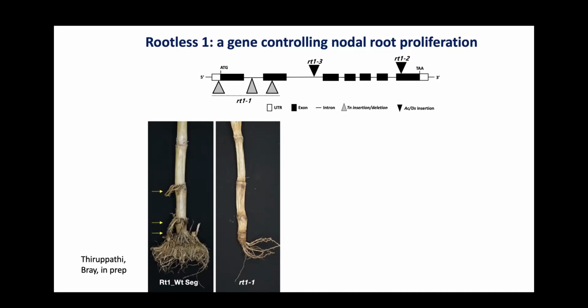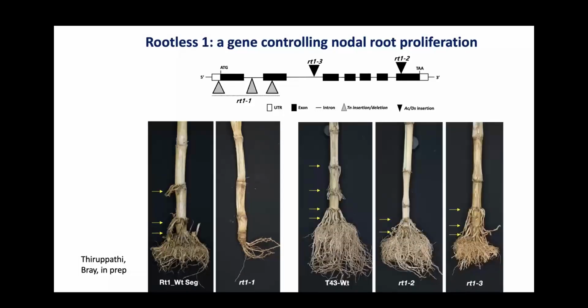So that's not very useful, but we have found 2 Ac/Ds insertions in the maize Ac/Ds libraries that provide phenotypes that are a little more interesting. And the main one to focus on is this rootless 1-2, which actually, you can't quite see it here. I'll show you data. It makes more than the normal number of nodal roots around the soil line, which is here. And then it just stops making them, unlike T43, which is basically W22 wild type. And rt1-3 is just a milder version of that.